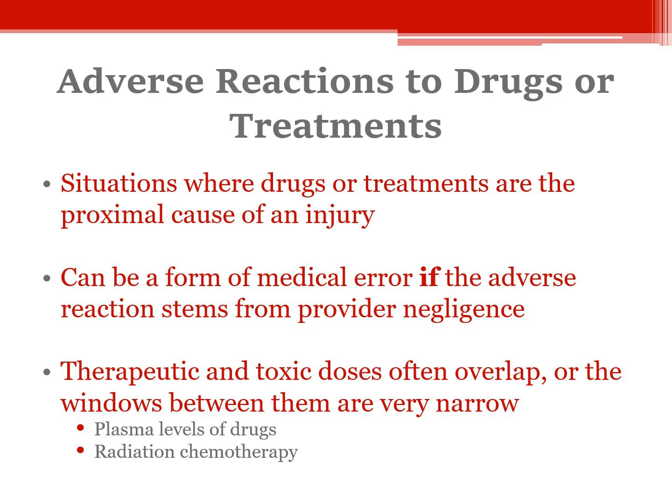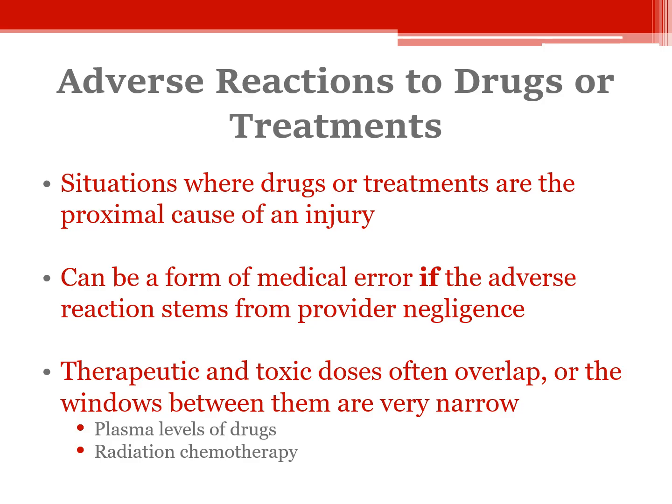Now, adverse reactions to drugs or treatments, again, can be a form of medical error if the adverse reaction stems from provider negligence, where the provider knew about the potential for the adverse reaction and didn't do the right things, or they didn't pursue a good enough medical history and should have known with a reasonable check of medical history that this could have happened. So in that case, it could also be coded as a medical error.